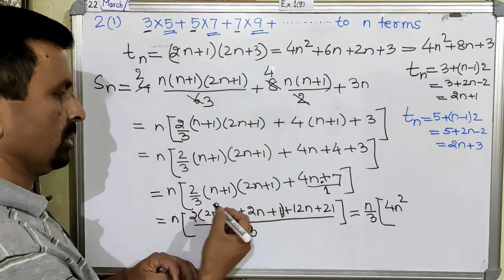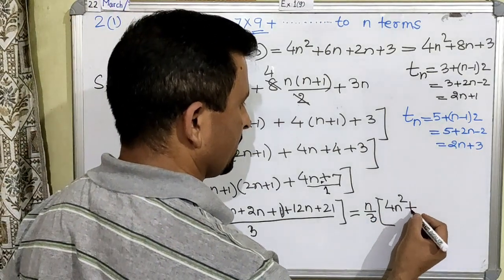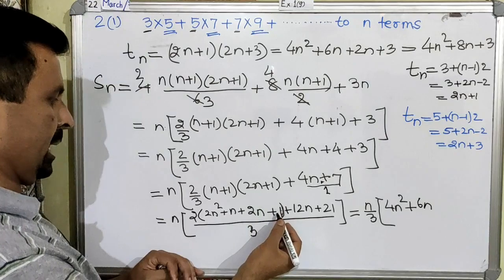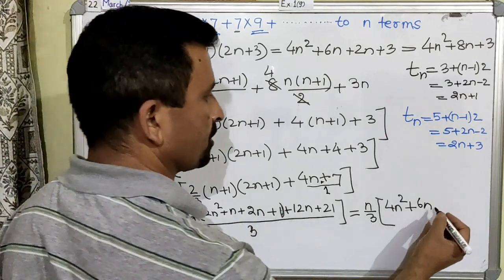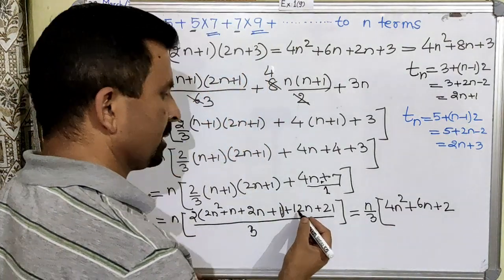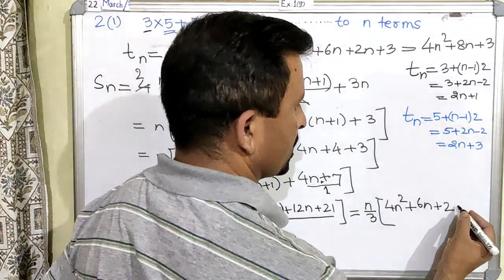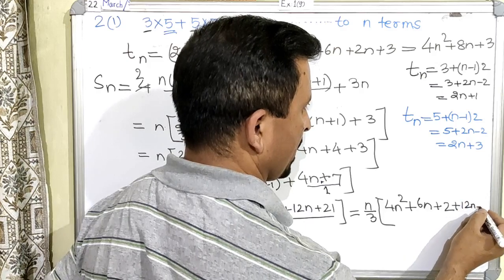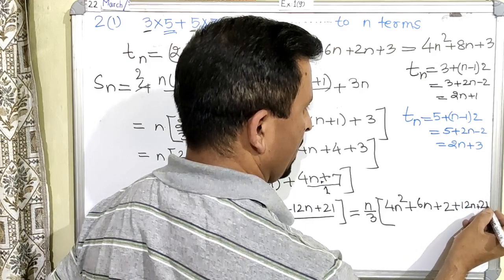This 3n into 2 is 6n, plus 6n, right? And then this is n, 2 into 1, 2. This is 12n plus 21.